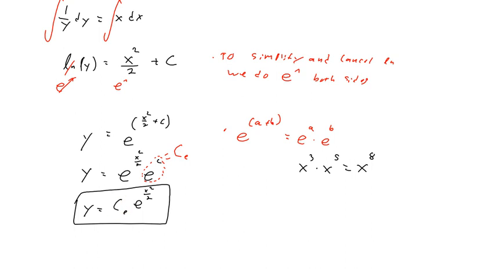So instead of plus c at the end here, we have this c being multiplied in the front. This is where we have our initial condition here. Really, you don't need the e either. You can just call it c.